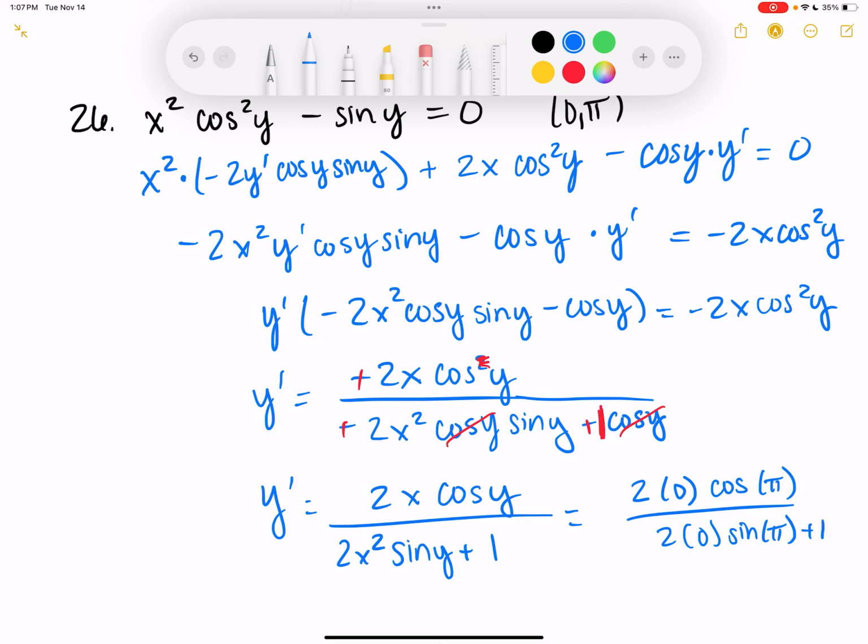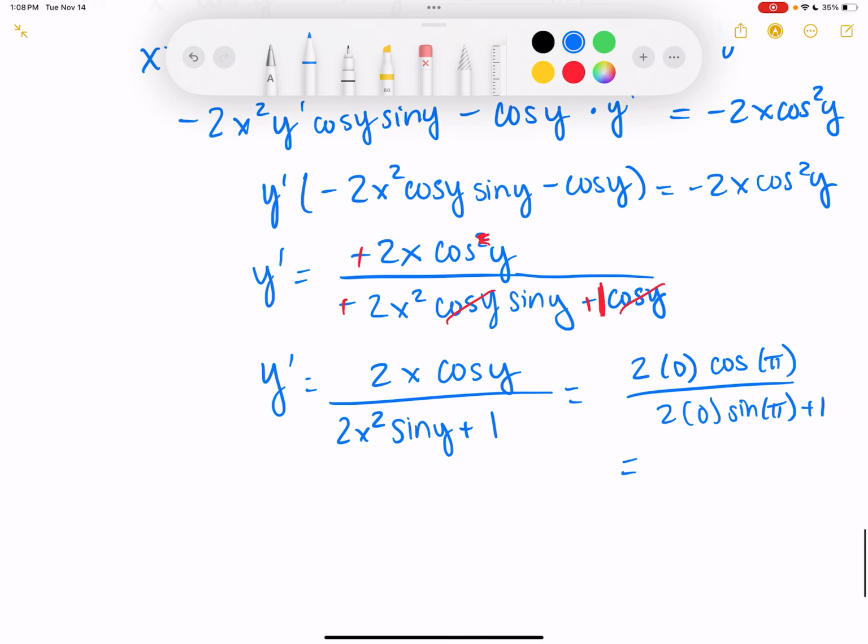So what is that? 0 over 1, so that's 0, because there's 2 times 0, and 0 times anything is 0. So I ended up with 0 over 1 when it was all said and done. So my slope of my tangent is 0.